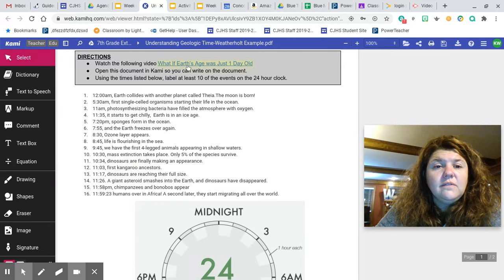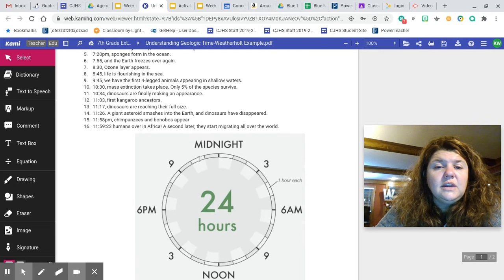There is a video here that you'll watch about what if the Earth was only 24 hours old? How would that play out? After you watch that, you're going to label at least 10 of the events listed here in this clock.